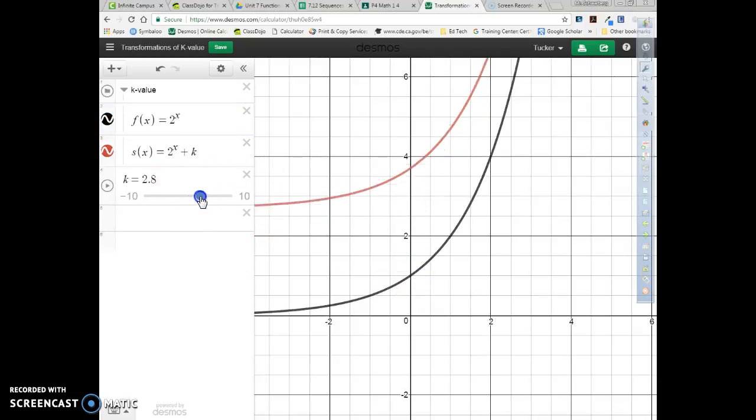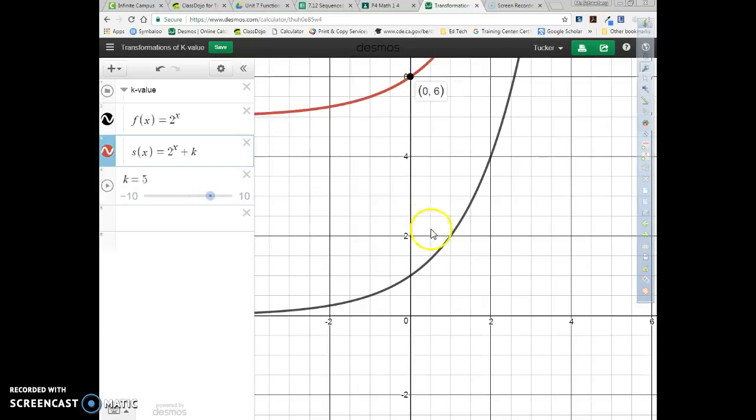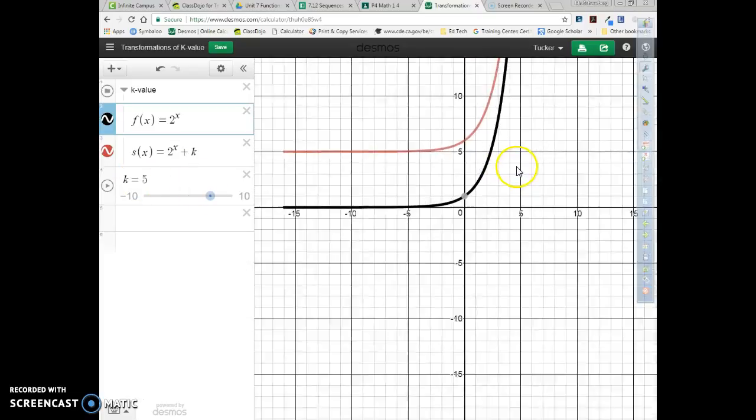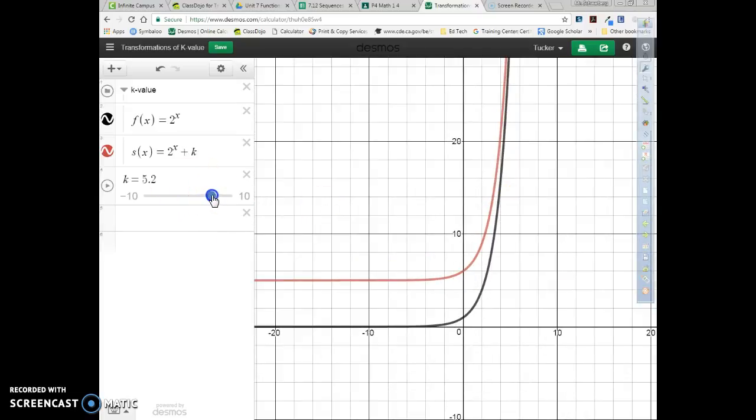So the k value, if I add a value, say it could be, I don't know, let's make this 5. Well, how many units higher would you expect the intercept to be? Well, 5. It's adding a height of 5, and I can zoom out here and you can see that this k value doesn't alter it in any way, it just literally moves it up.